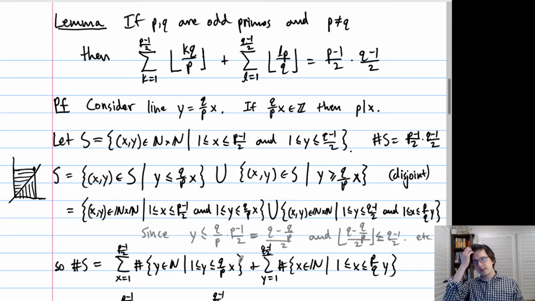Okay, so that means that we can just ignore this inequality and write it simply as this pair of intervals. And similarly, swapping x's, y's, p's, and q's, we can manipulate the second one.